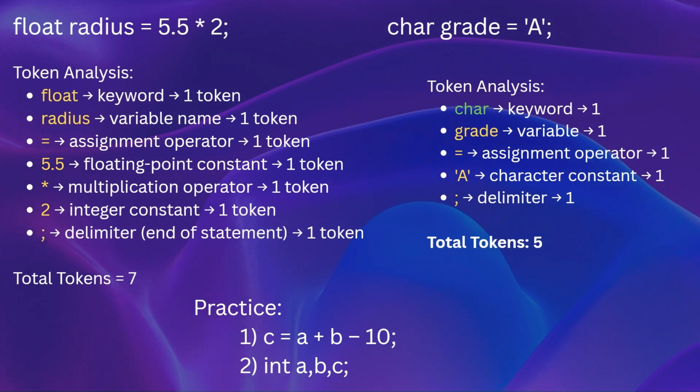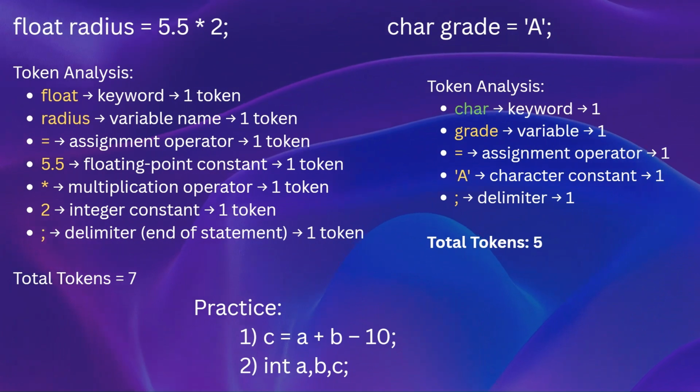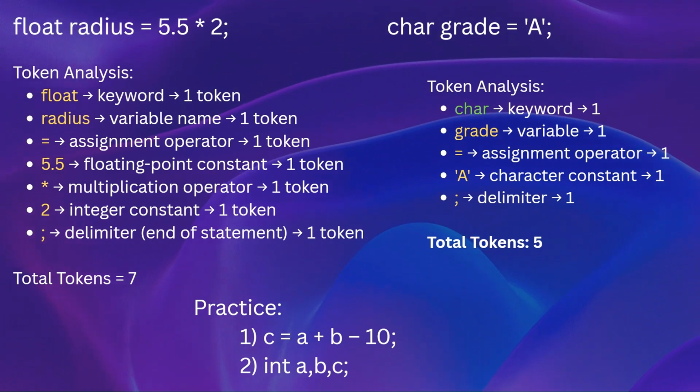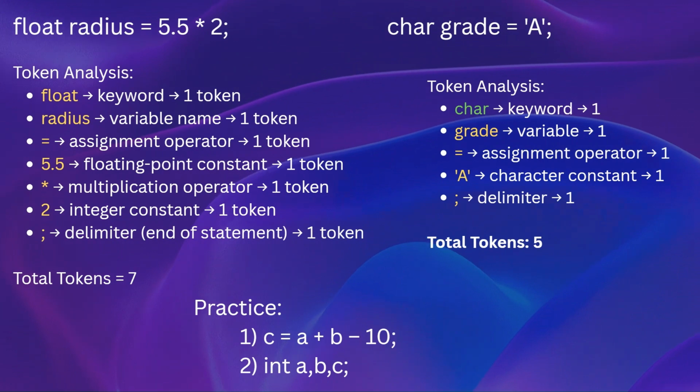So first float, then radius, then equal sign, then 5.5, then star, then 2, and then semicolon. Don't forget the semicolon. It is also counted in the tokens. So first, float is a keyword. It is token number 1. Then radius is a variable name.